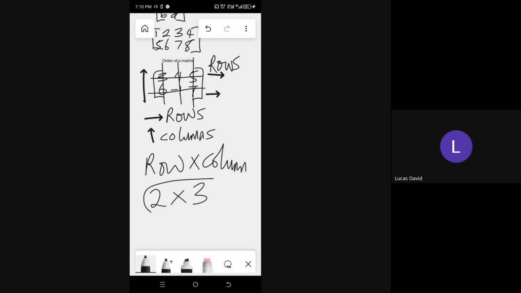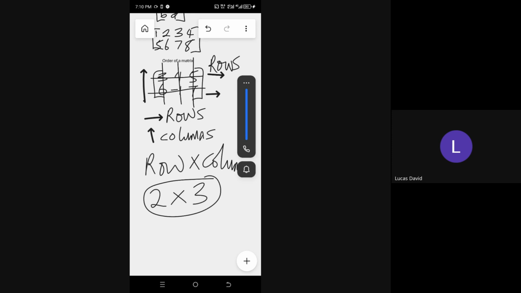So this matrix is a 2 by 3 matrix because you have 2 rows. As illustrated there, the horizontal arrow tells you the number of rows, then the vertical arrows, read vertically, tell you the number of columns. Horizontally, we have 2 rows, and vertically, we have 3 columns.